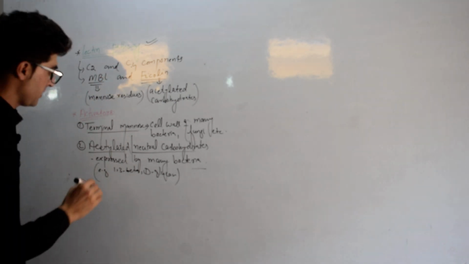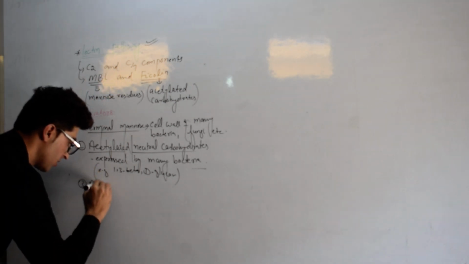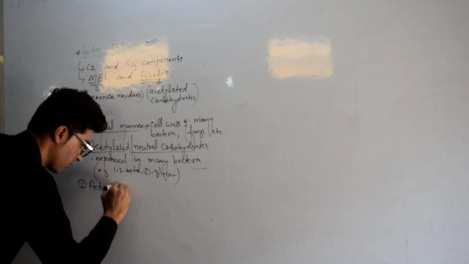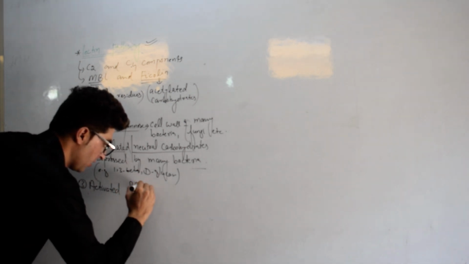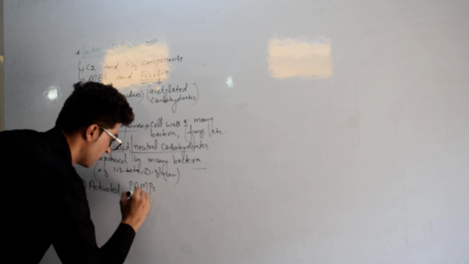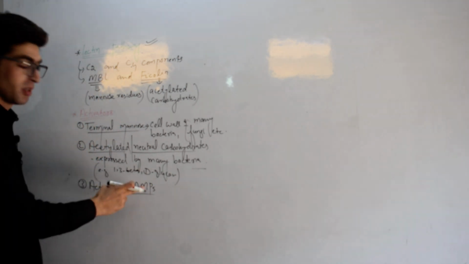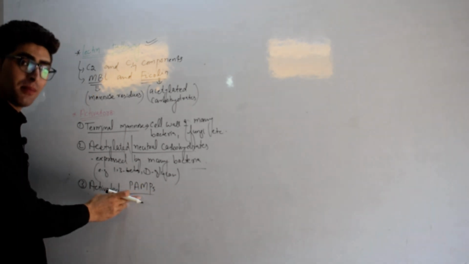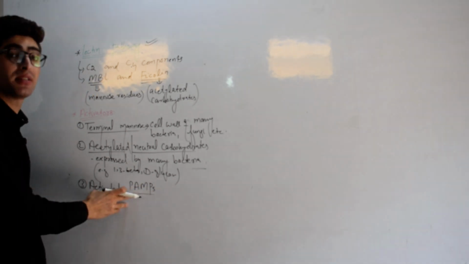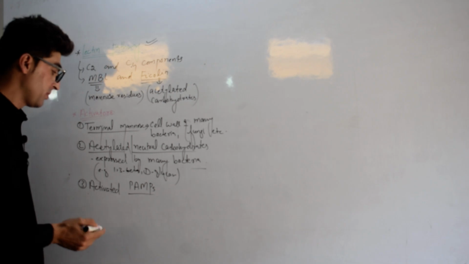Another activator is activated PAMPs. PAMP is a pathogen associated molecular pattern, and we have already discussed these PAMPs in the pattern recognition mechanism in our previous lectures.